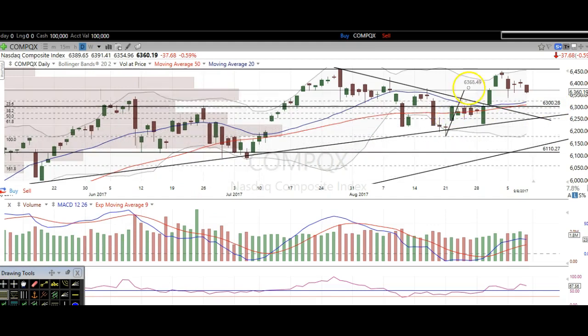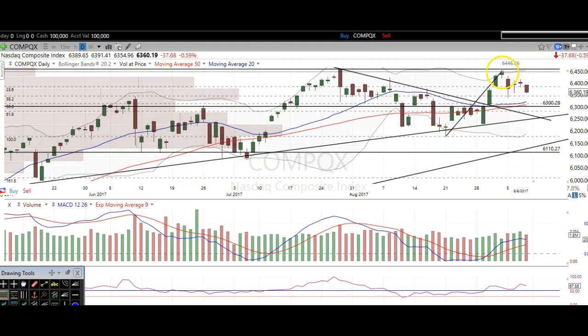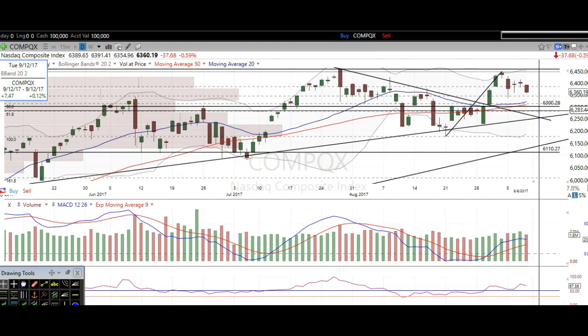We're going to draw it from the lows here to the highs here, and as you can see, 61.8 matches up perfectly right there, same as the S&P 500. So that level is right around 62.80, 62.90 approximately, and if we do head to that zone, I think it's a very viable level. So keep these levels in mind, especially these bounce zones on the S&P 500 and the Nasdaq.